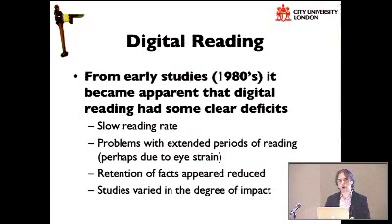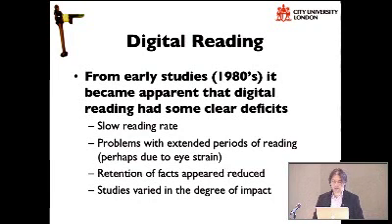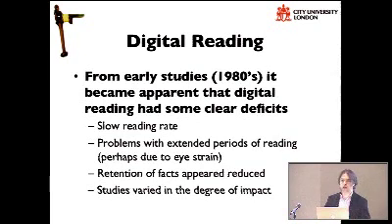And even then, it was quite apparent, if you go back to the old papers from SIGGRAPH, for instance, that had quite a lot of research on this domain, there were some clear issues. The reading rate on screen was slower. There were problems with extended periods of reading. You just couldn't keep going for as long.